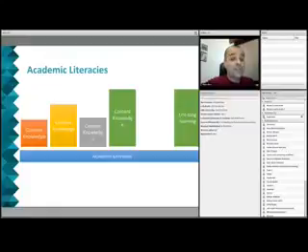These are skills that are going to be used by all of us throughout our lives, and this speaks to the importance of academic literacies.